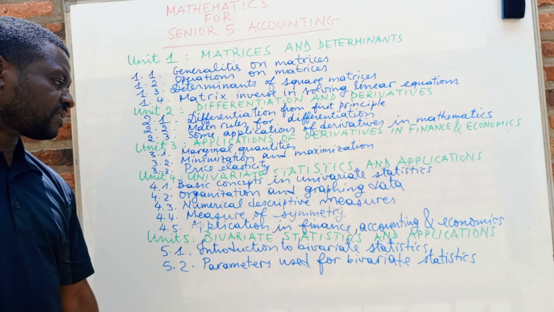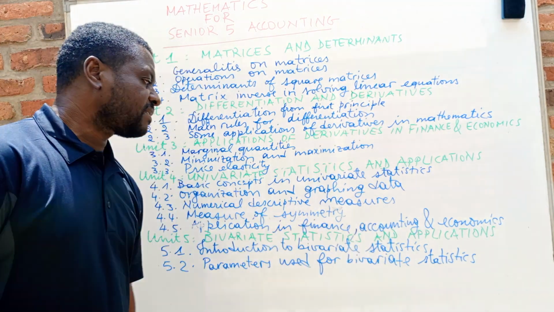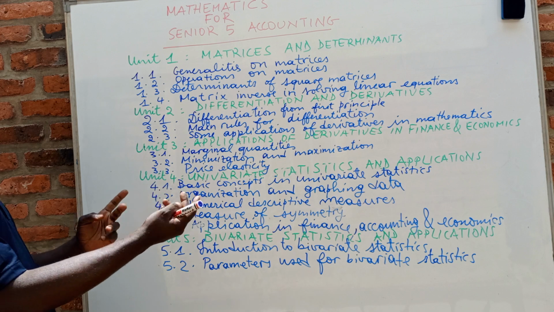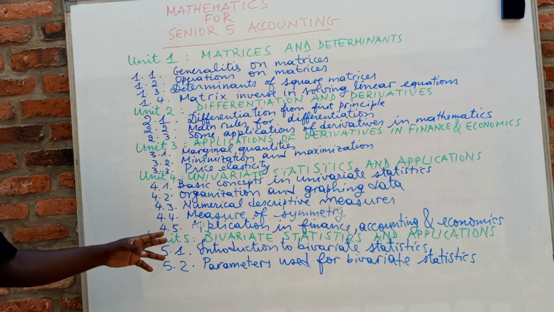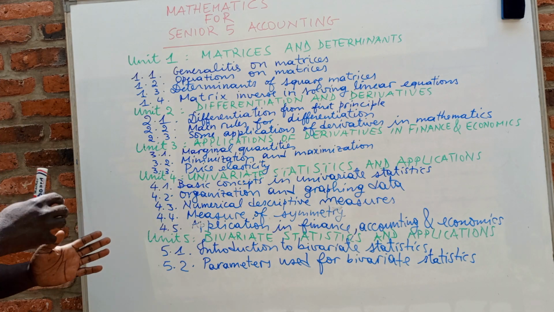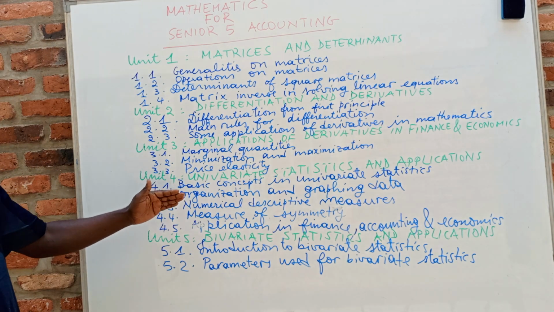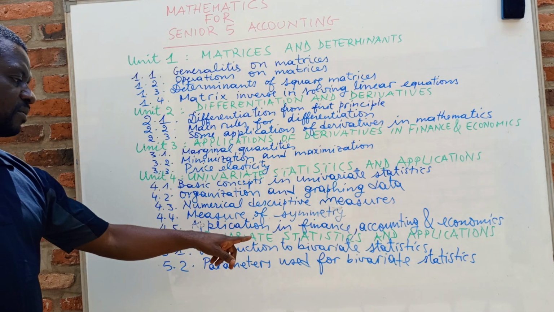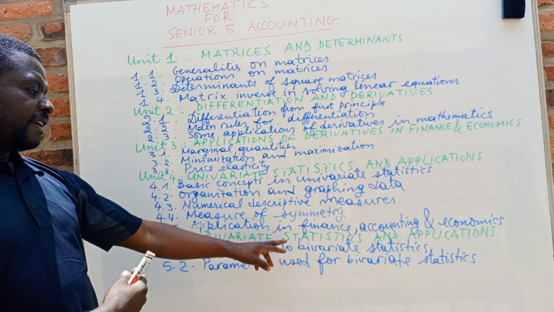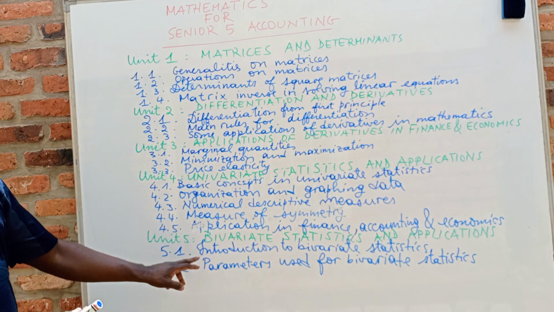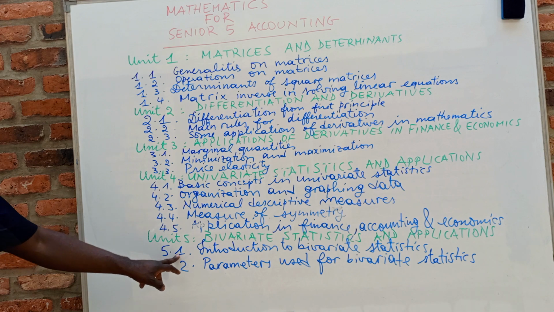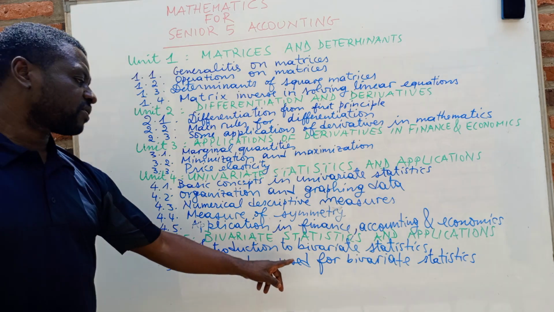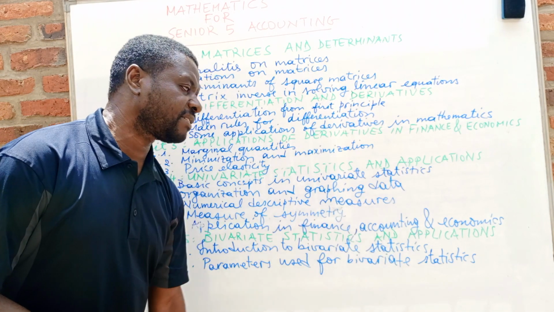We will introduce bivariate statistics. Actually, we have 2 variables, in which each one, the measures or parameters, can also be revised in this first subunit, which is the introduction to bivariate data statistics.